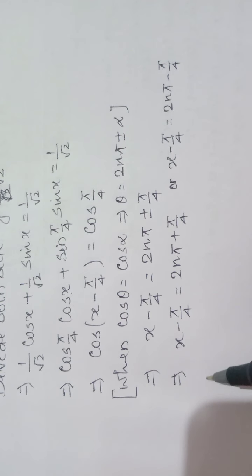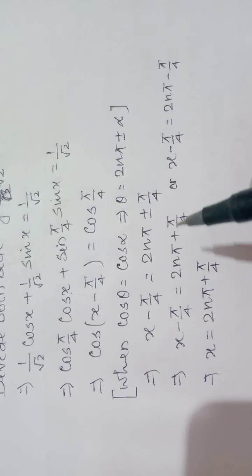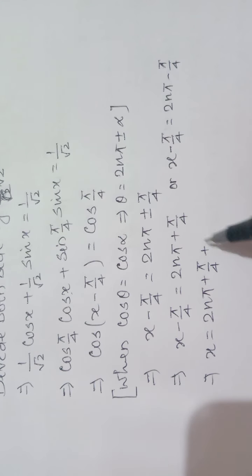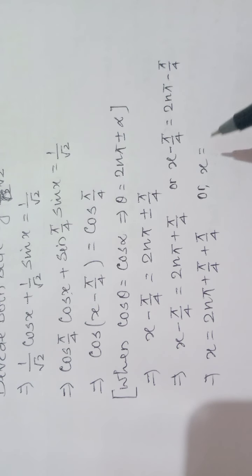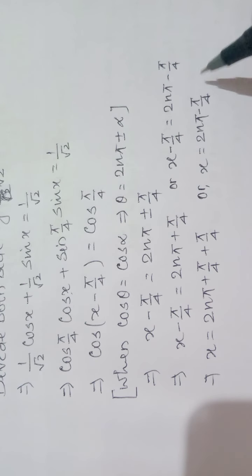From the first one, x is equal to 2n pi plus pi by 4, and this moving to the right side becomes again positive, that is pi by 4, and from here x is equal to 2n pi minus pi by 4 plus pi by 4.